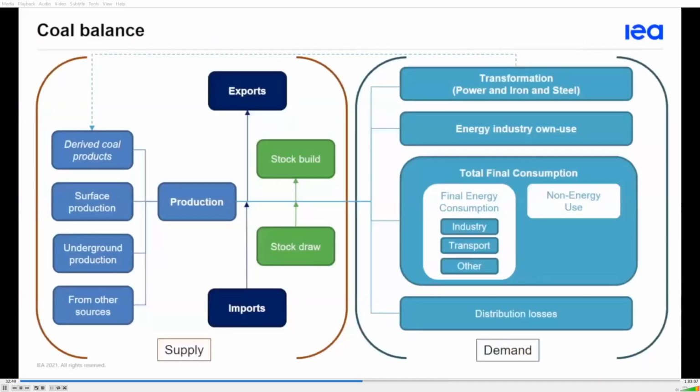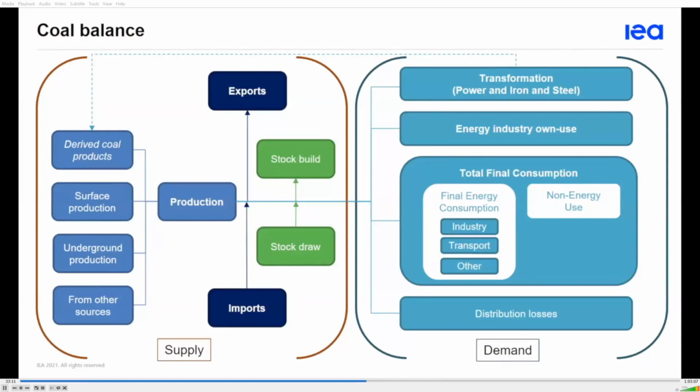The coal balance, when we present it, is actually the easiest to represent in terms of the difference between supply and demand. On supply, we have the domestic production from various sources, trade and stock variations, and all those elements represent the supply of coal.